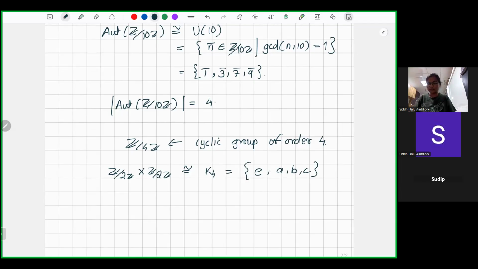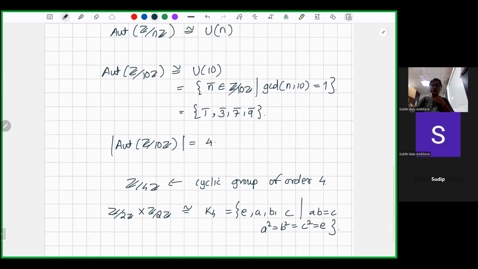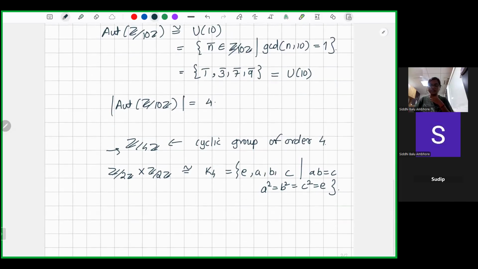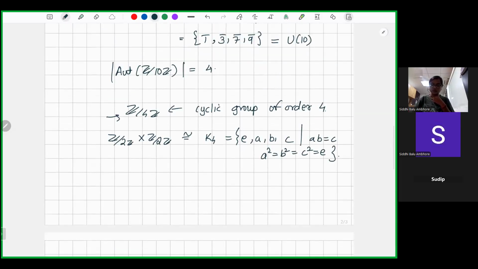It has 4 elements E, A, B, C, where E is the identity of the group, then A square, B square, and C square are E, and AB is C. So we have to check whether U10 is cyclic or not. If it is cyclic, it will be isomorphic to Z4, and otherwise it will be isomorphic to Z2 cross Z2.